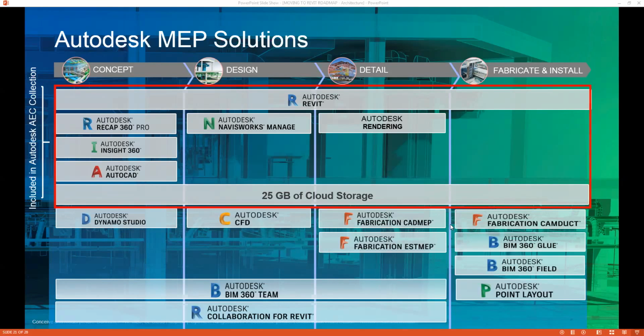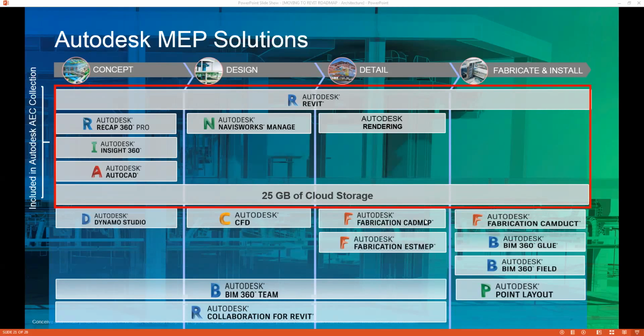Okay, so if it is the MEP you're talking about now, you have a lot more to sell to them outside the AEC collection than the other professionals. But don't forget that we are talking about 3 different fields in one. So if it looks like a lot, I don't expect that the electrical engineer will be interested in CFD. Do we understand?